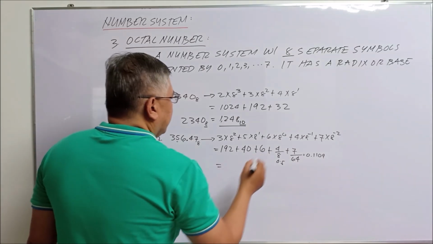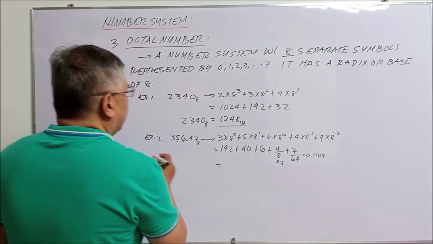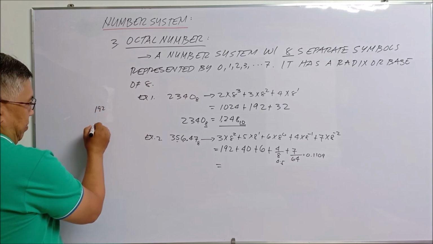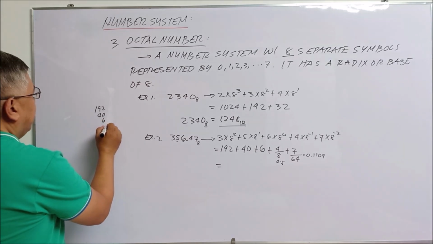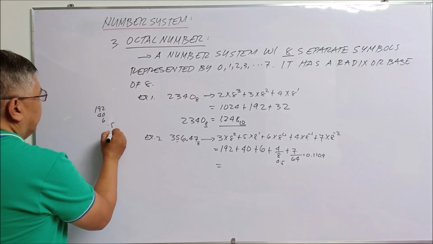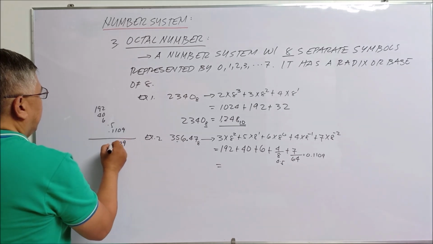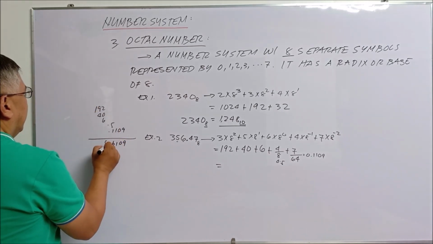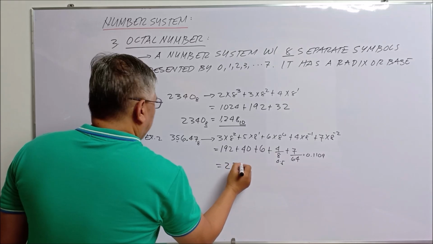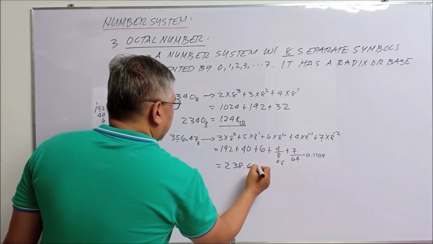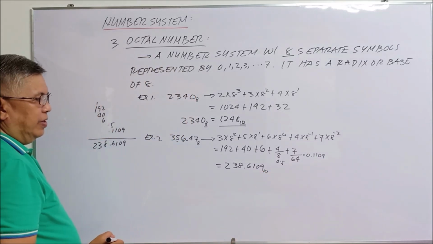So when you add these, the result will be 192 plus 40 plus 6 plus 0.5 plus 0.1109. So you have 238.6109 of base 10.